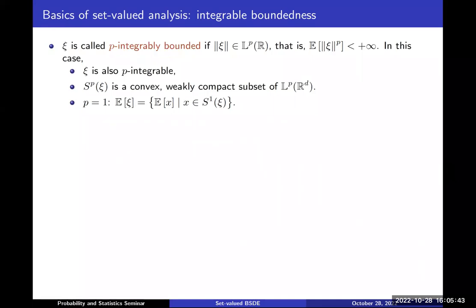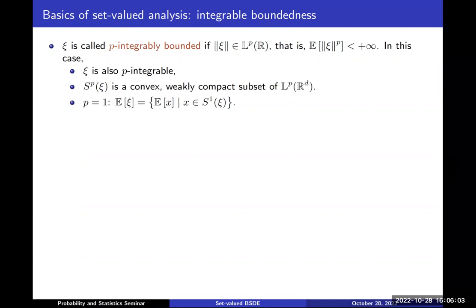Then all the measurable selectors are integrable, and they form a weakly compact set, convex weakly compact set. So that's why we deal with S^p(C), which is a subset of L^p(R^d).